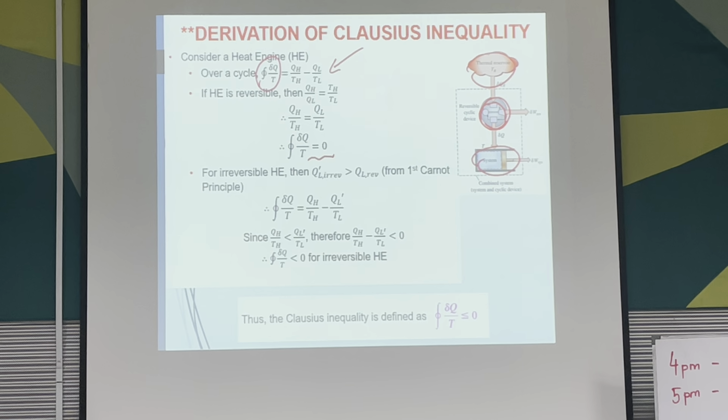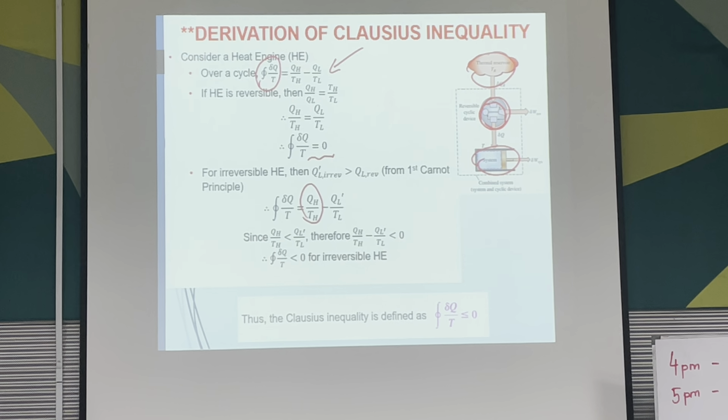Now, let's say we are looking at an irreversible heat engine. Let's assume this remains constant, because that's how much heat you are receiving from the high reservoir. How much the reservoir is losing heat does not matter to us in this case, because we are only looking at the heat engine.